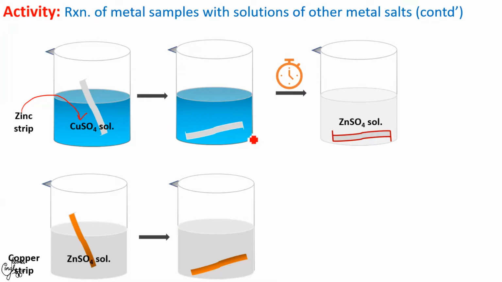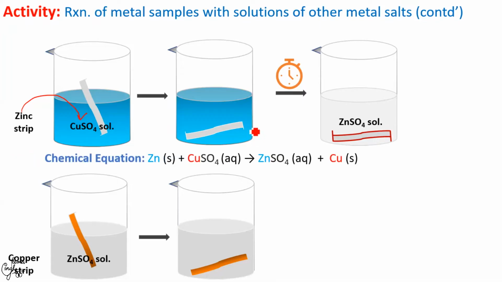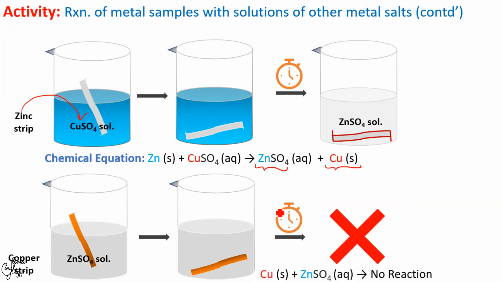The corresponding equation for the above reaction can be written as zinc plus copper sulfate give rise to colorless zinc sulfate plus reddish brown color copper metal. No change or reaction is witnessed in setup 2, which proves that zinc is more reactive than copper and should occupy a higher place in the reactivity series as compared to copper.